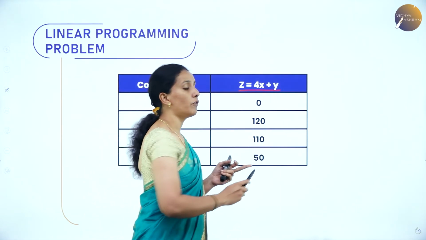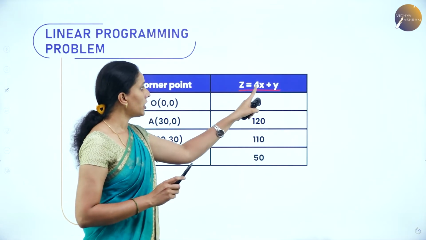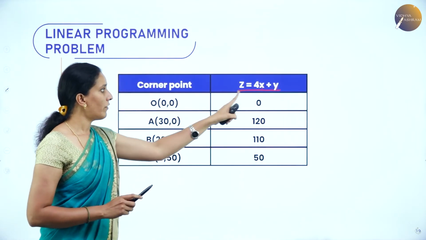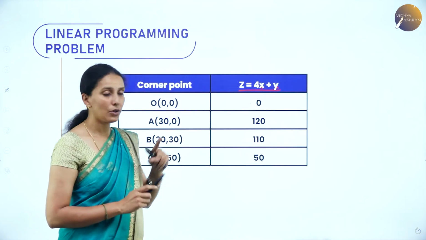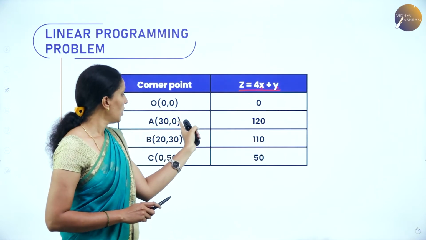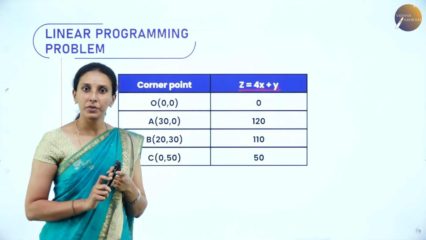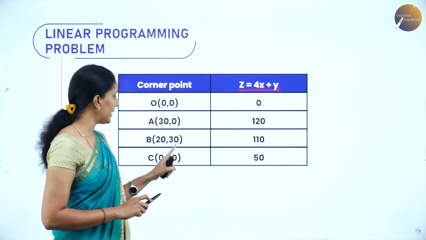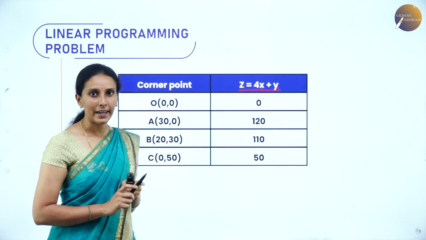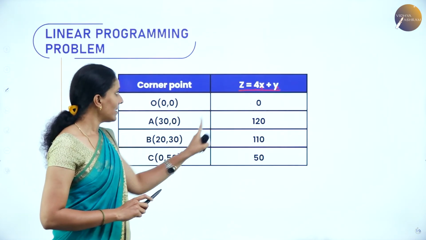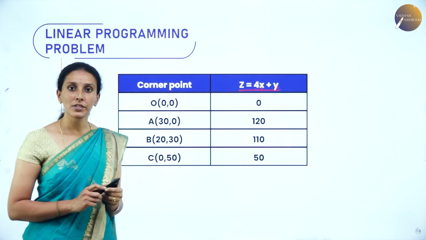Z is equal to 4x plus y. So substitute x and y value by taking the coordinates. The first one, both are 0, so the value is 0. Second one is 4 into 30, 120, y is 0, so the total value is 120. Third one, 20 into 4, 80 plus 30, 110. Fourth one, 0 into 4 becomes 0, y is 50, total value is 50.